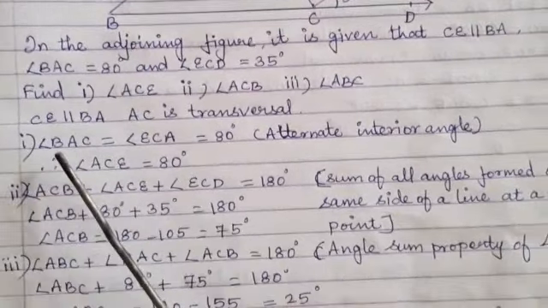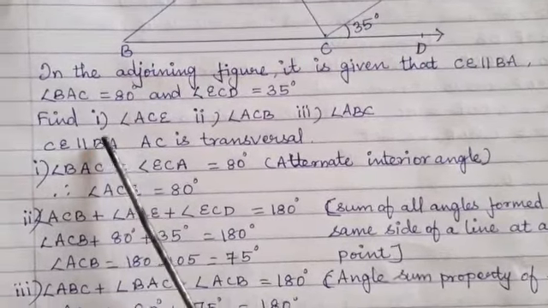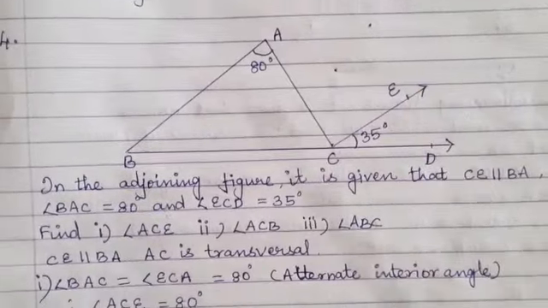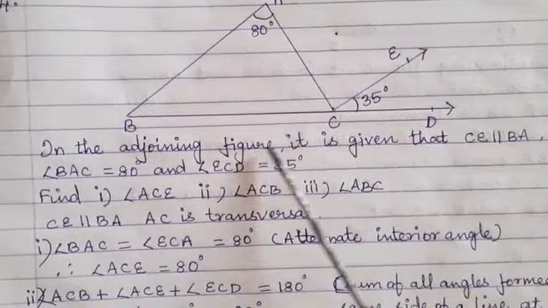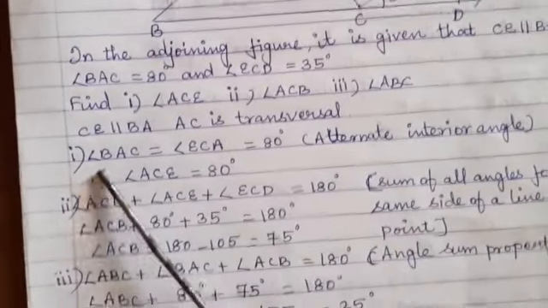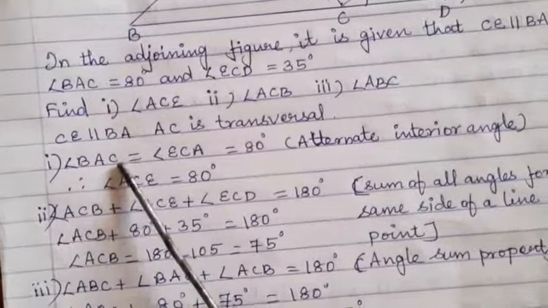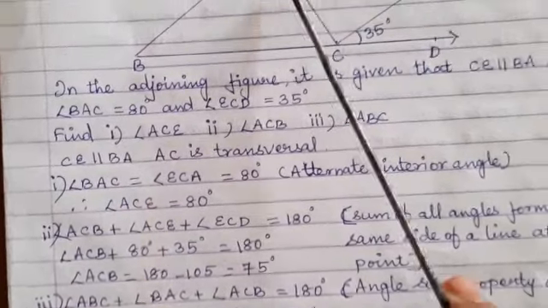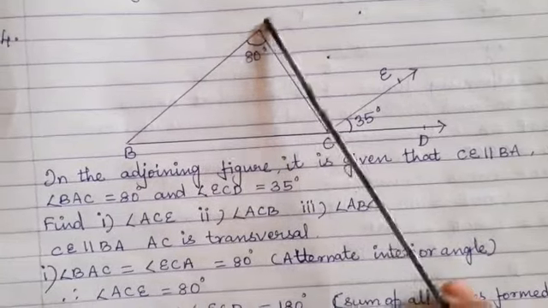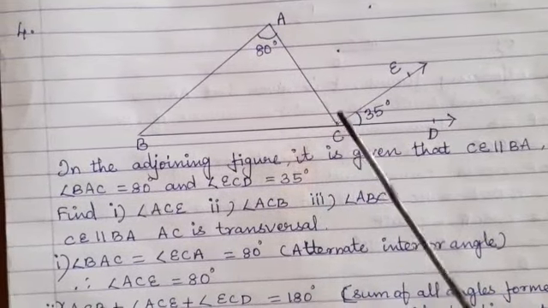Now first we have to write down what information is given in the question. CE is parallel to BA, and which is the transversal? AC is the transversal. Then first, number 1, angle BAC is given, BAC is 80. These are parallel lines cut by a transversal.